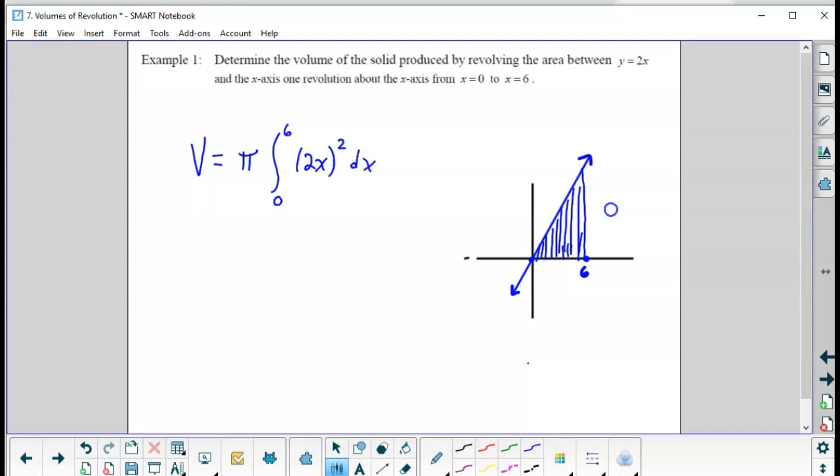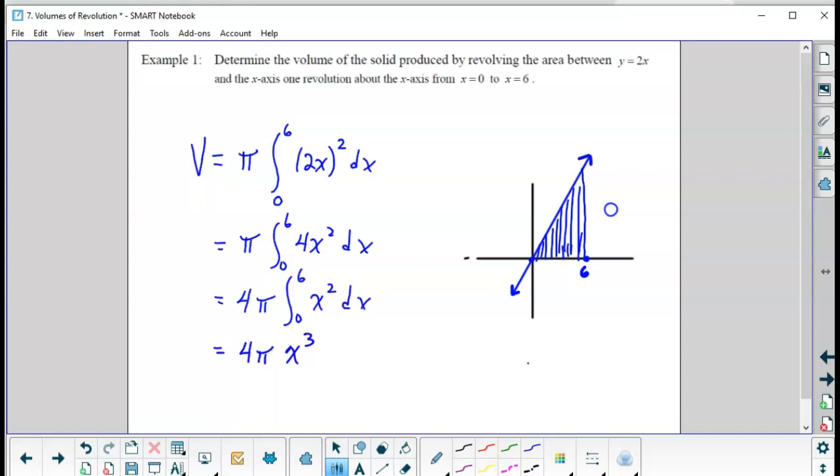Okay, so let's just simplify that a little bit. It's 4x squared dx. So you might want to bring the 4 out. Okay, and then integrate, that's going to be x cubed over 3 from 0 to 6.